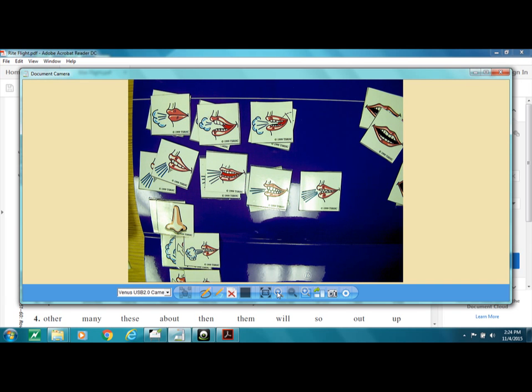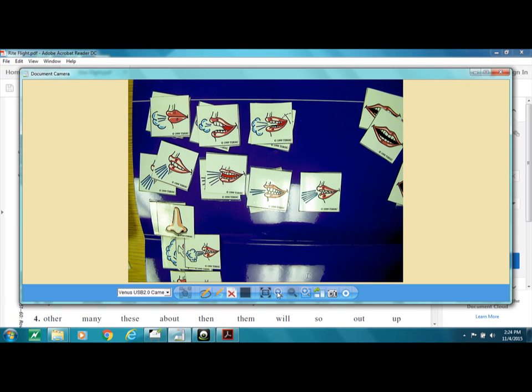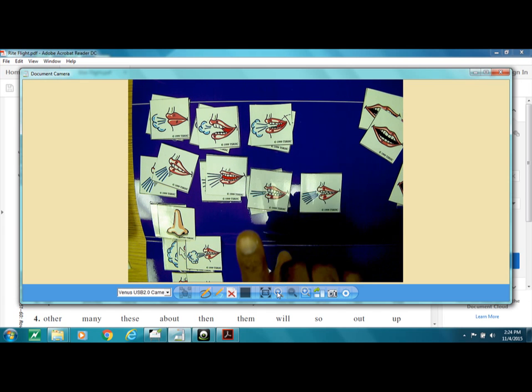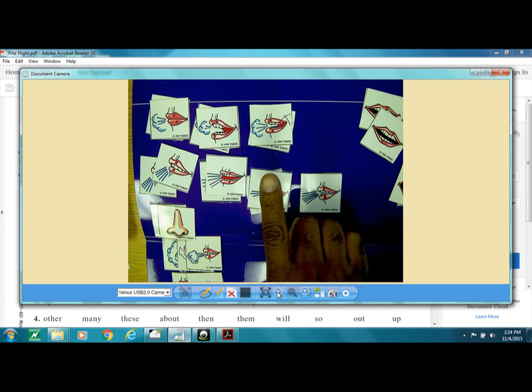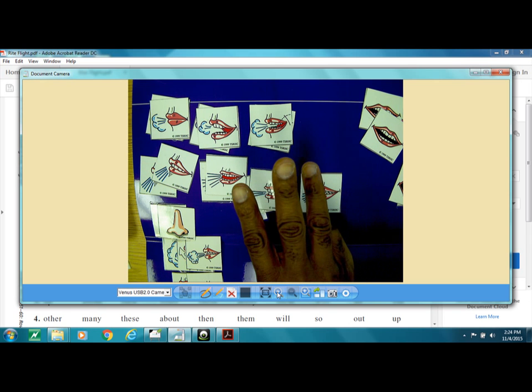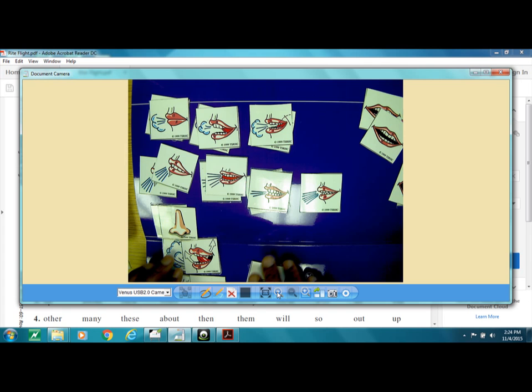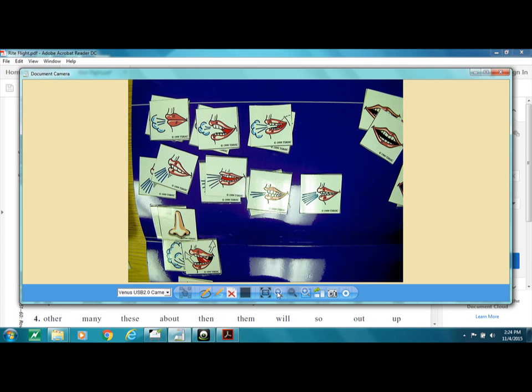Our word is hats. Say the word. Hats. Let's unblend. The sounds are /h/ /a/ /t/ /s/. So let's find the mouth pictures, the sound cards that go with that.